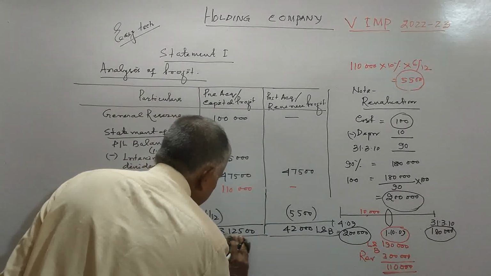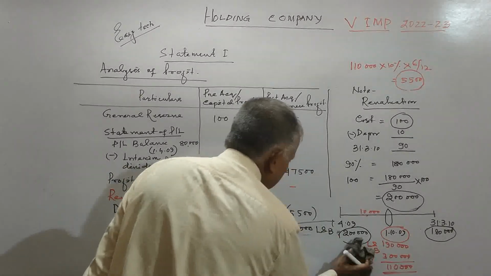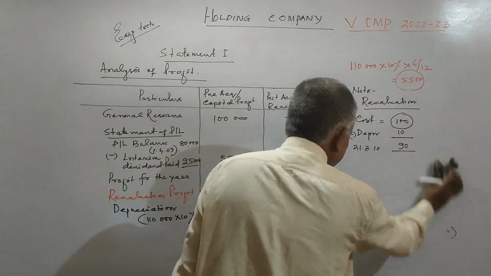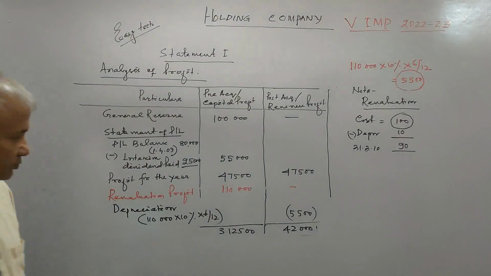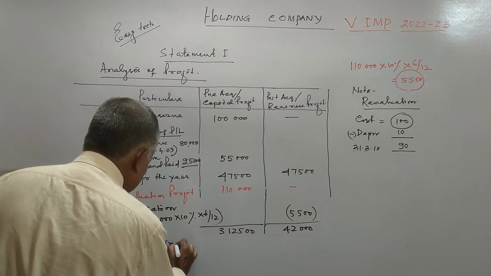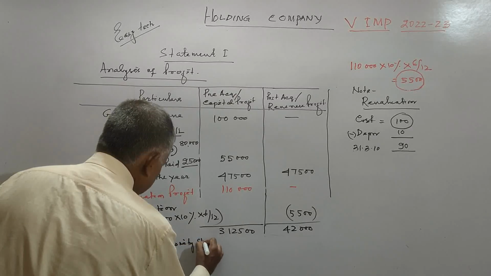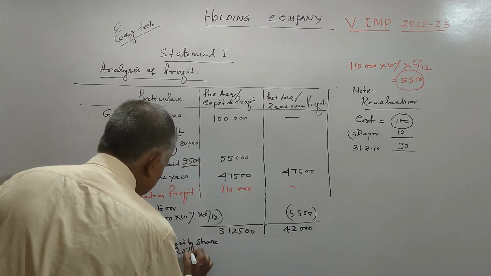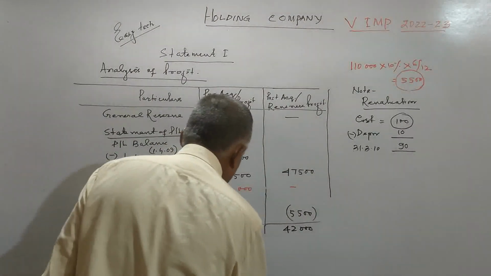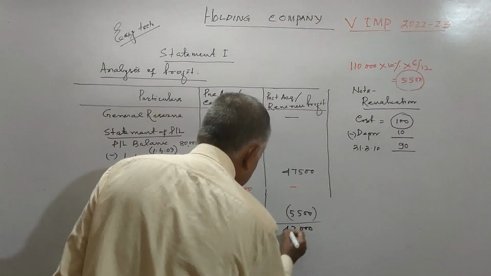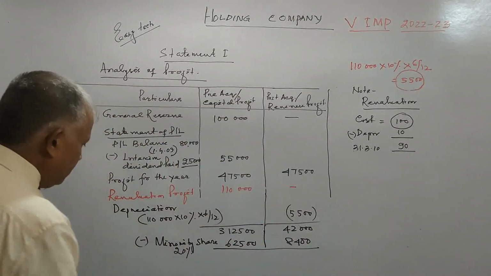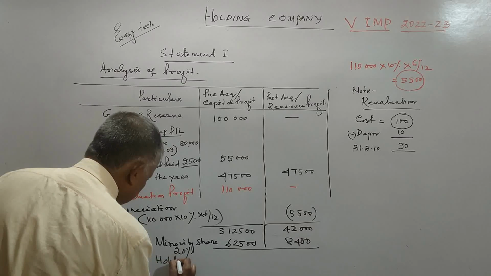So if we deduct the minority share, that is 20%, the 20% comes to 62,500. Here the 20% comes to 8,400.